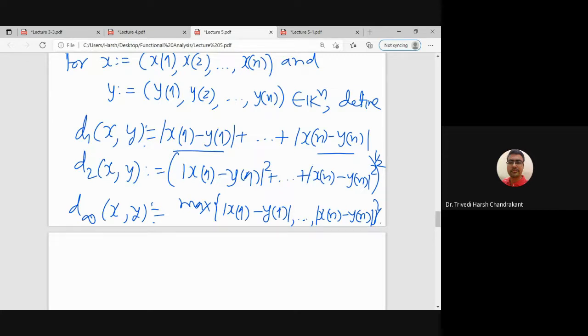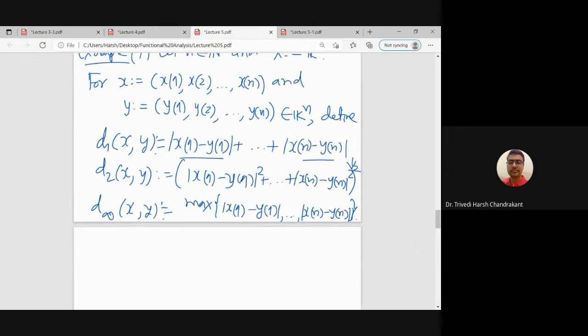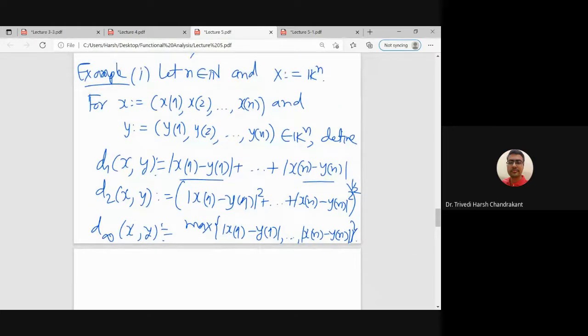Okay. So, are these three functions metrics? These three functions are defined on Kn.